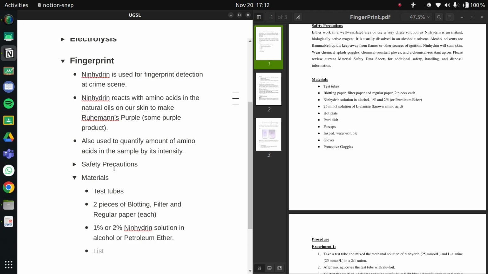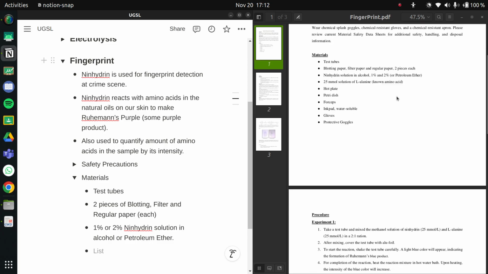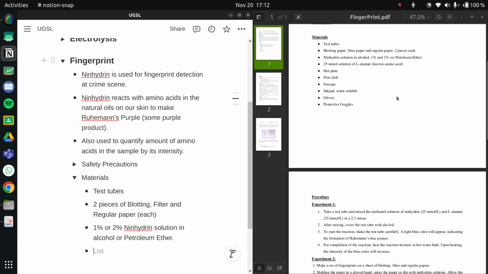Petroleum ether is also flammable, so you probably should keep it away from flames in any case. A 25 millimolar solution of what? L-alanine, a known amino acid. Okay, I think I've seen this somewhere. Oh, L is just the chirality of it, right? I've forgotten the words, but whatever.